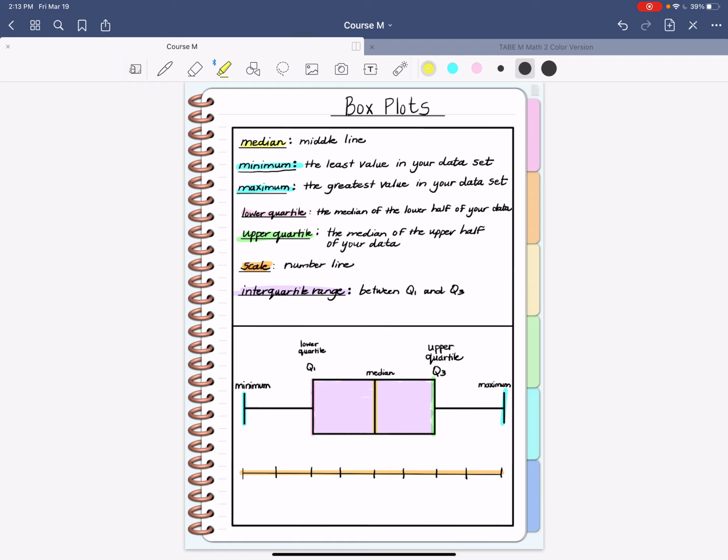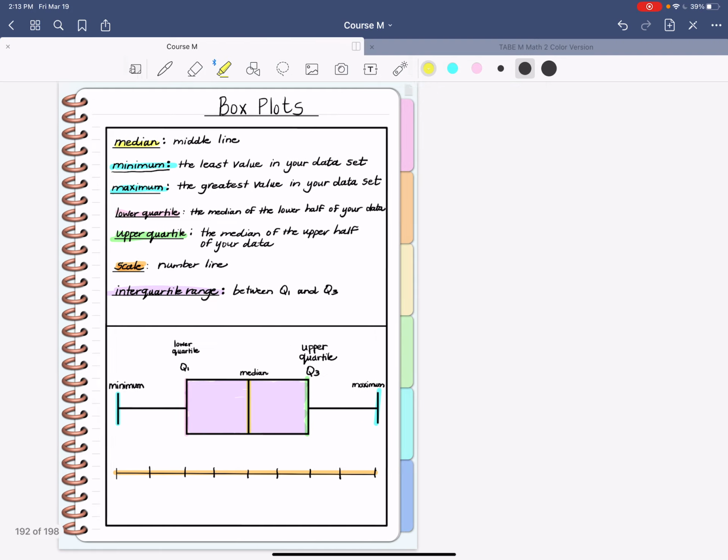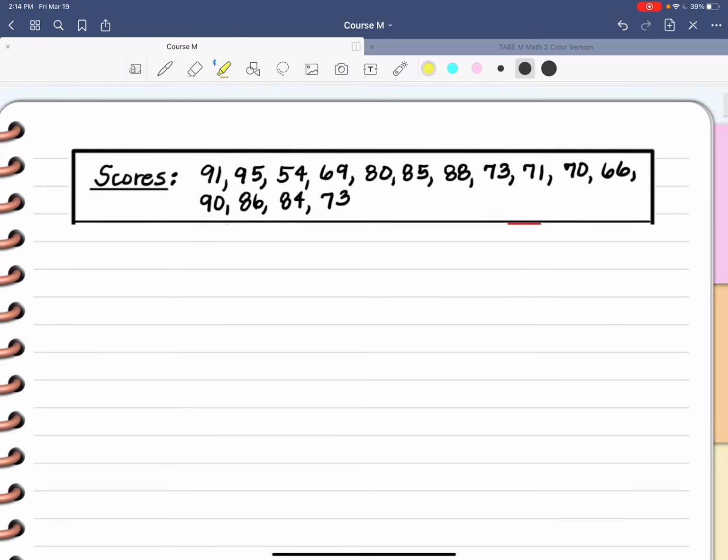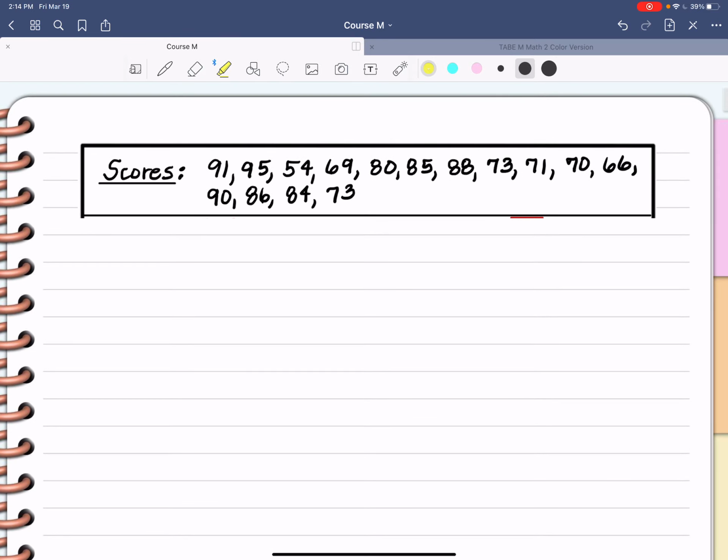And I'm going to stop. Actually, I think I'll just continue this video. I'll show you an example of a box plot, how to actually make one. This is what I had originally planned to put on here, but it just didn't work that way. So I want you to copy down on the next page this list of scores.